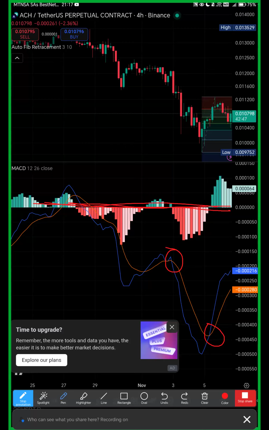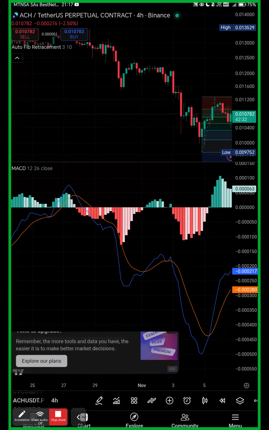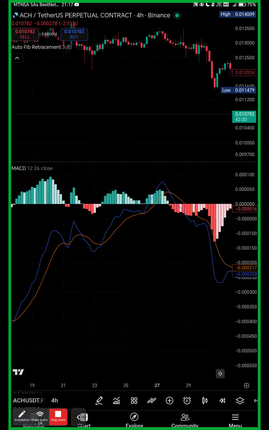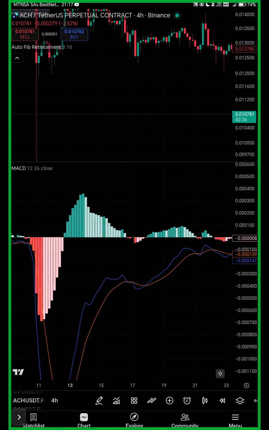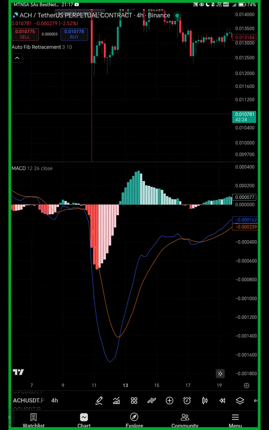Here you can see that the crossovers are happening below, because here is the zero line. So these crossovers are happening below the zero line. But there are other scenarios whereby golden crosses and death crosses are happening above the zero line.